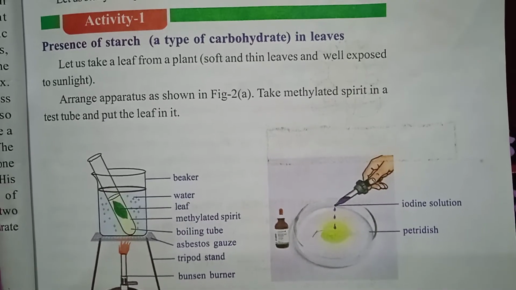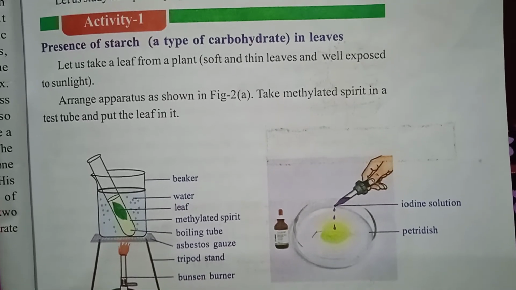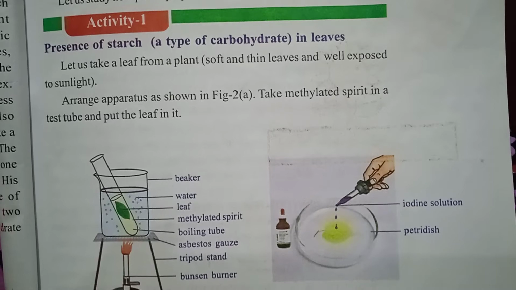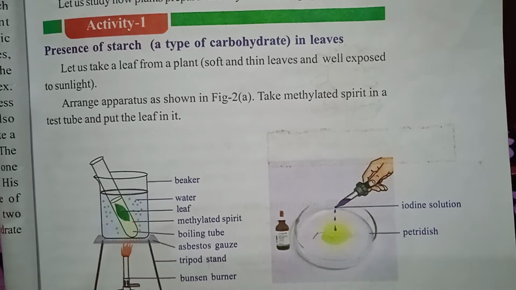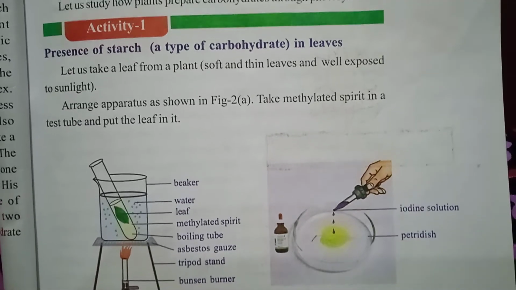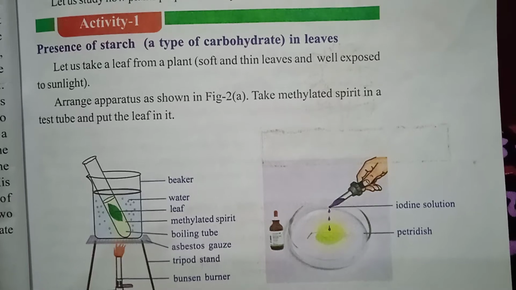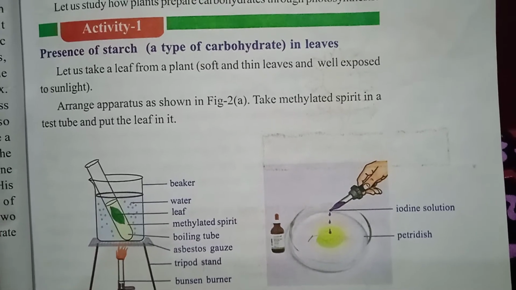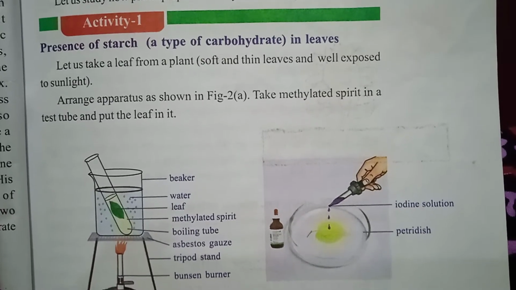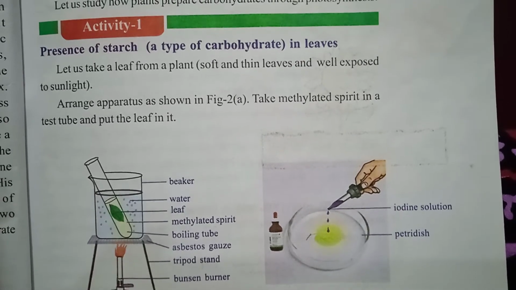This activity confirms that the leaf has starch, and this is the test to know the presence of starch in the leaf. In this way we can find out the presence of starch in the leaf.